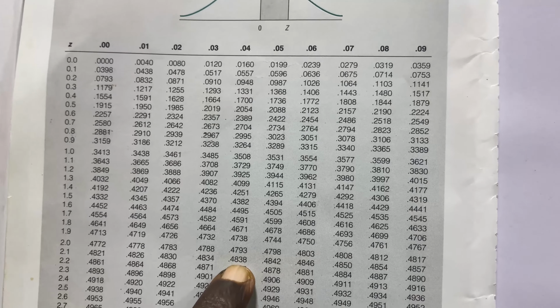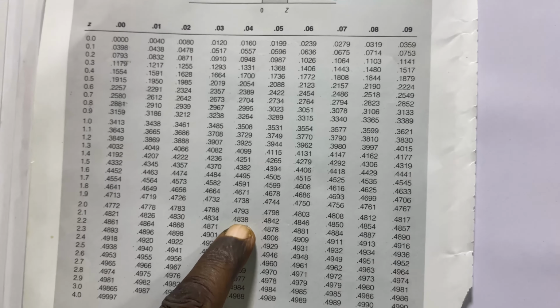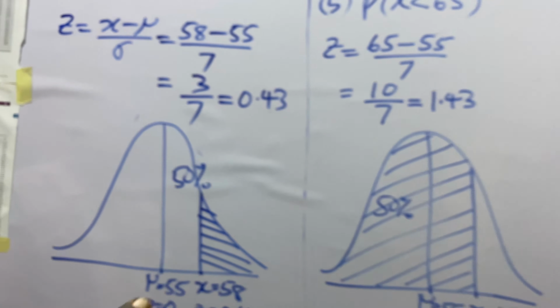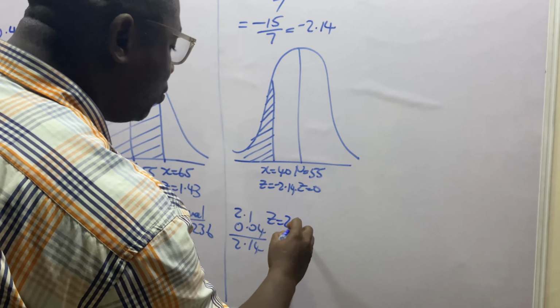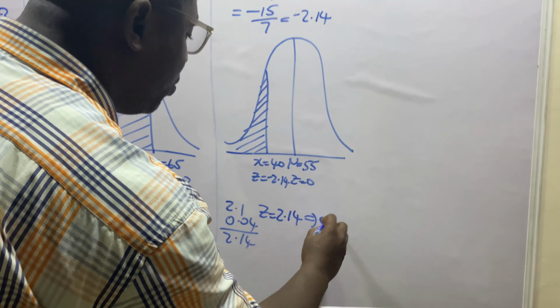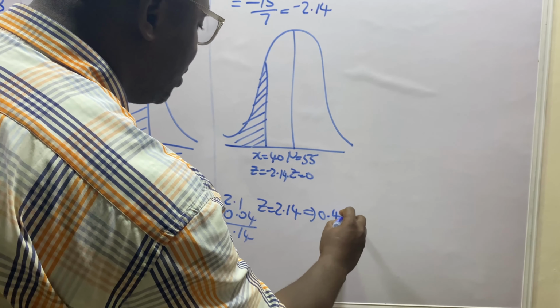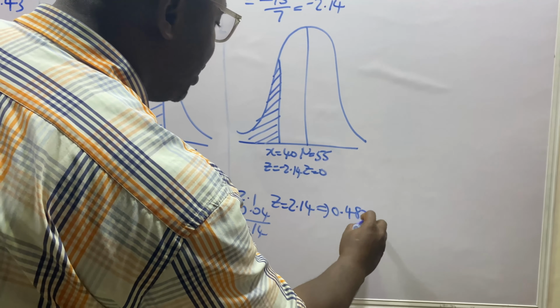Okay, so have you seen it? This is 0.4838. Let's not forget that. A Z-score of 2.14 is going to give us 0.4838. That's what we have.